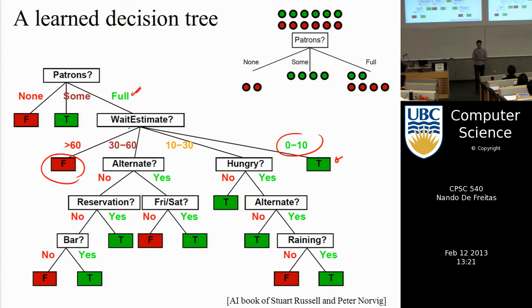Okay? So in order to learn a tree, the first big question we have to decide is which of the attributes to use first. If you have a data set, what is it best to use? Patterns or Friday, Saturday? Which variable will tell you the most about whether your customers will wait or not wait?